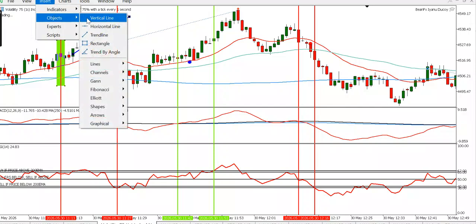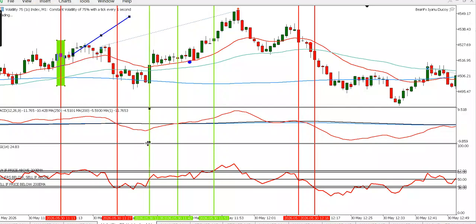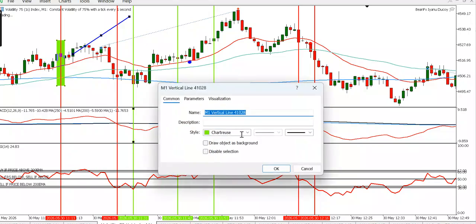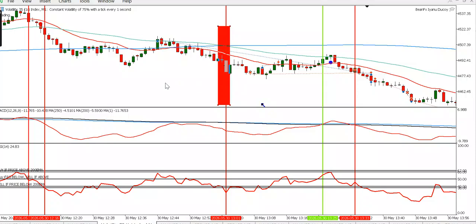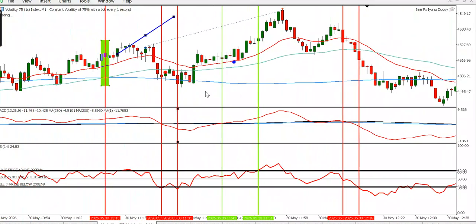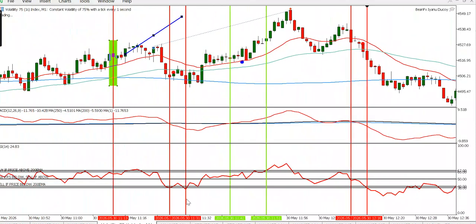It has little or nothing to write home about, this particular sell signal, because price reversed immediately around here. So it's a sell signal. Why is it a sell signal? Because it dipped below the 38 level.